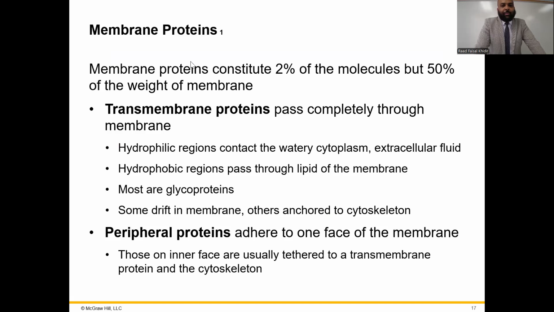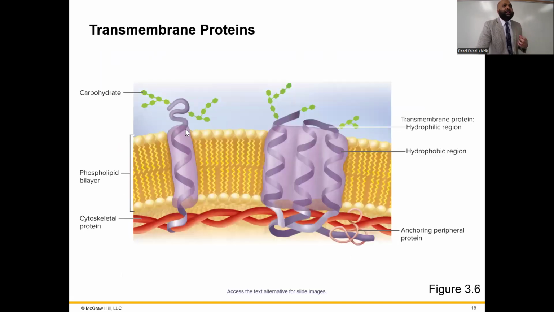The membrane proteins constitute 2% of the molecules, but 50% of the weight of the membrane. So they are really heavy. Transmembrane proteins pass completely through. I really need you to appreciate that. You call them transmembrane because they span both leaflets, and they have carbohydrates attached to them.